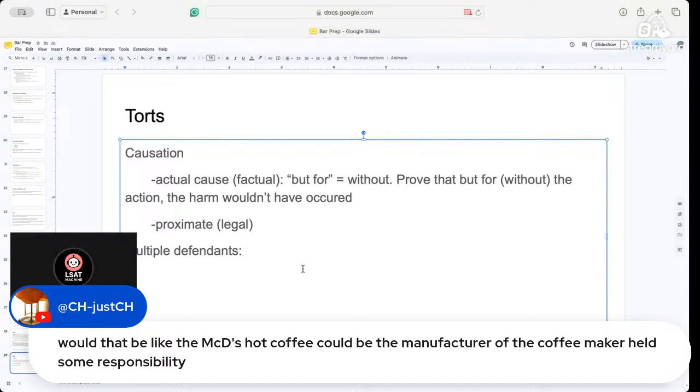The substantial factor test, which I always think is a very silly test.